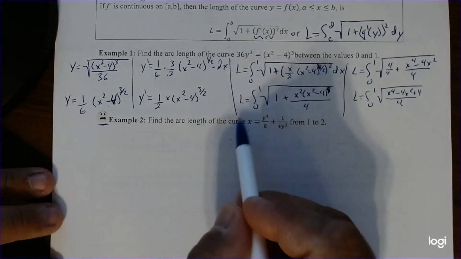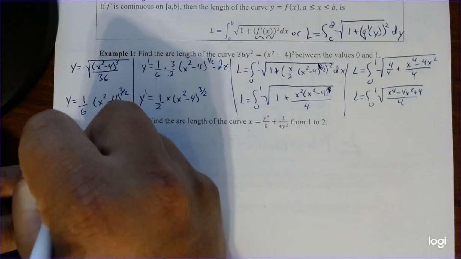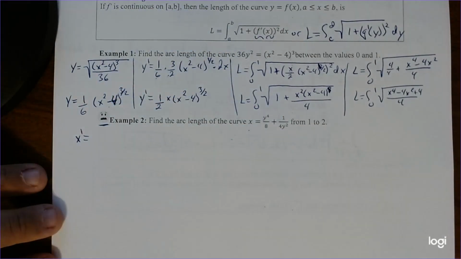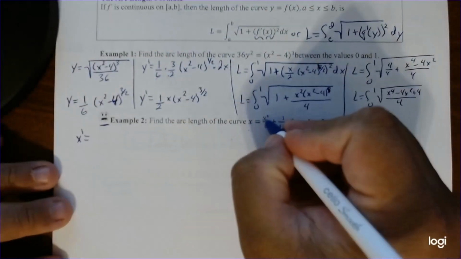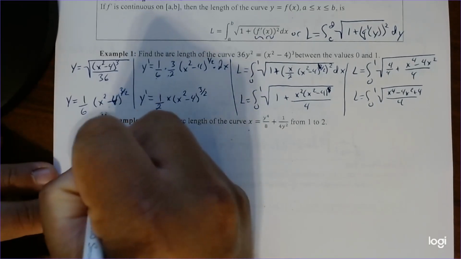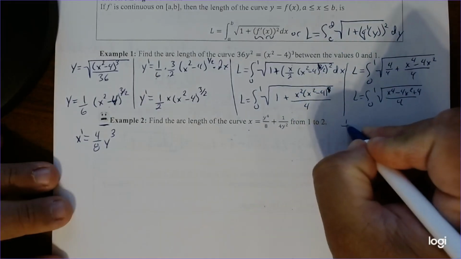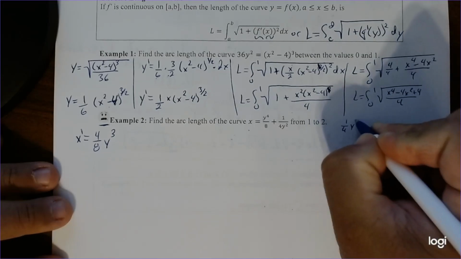Okay. So step one's already done. We already solved for x, which is good. So now we're just going to find the derivative, or dx/dy in this case. For this one, the derivative will be 4 over 8 y to the third. And this one, I always like to do this: this is technically 1/4 y to the negative 2.